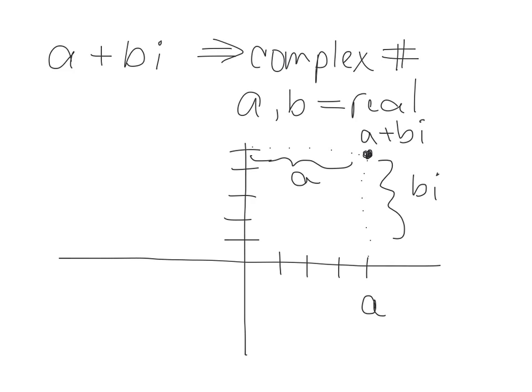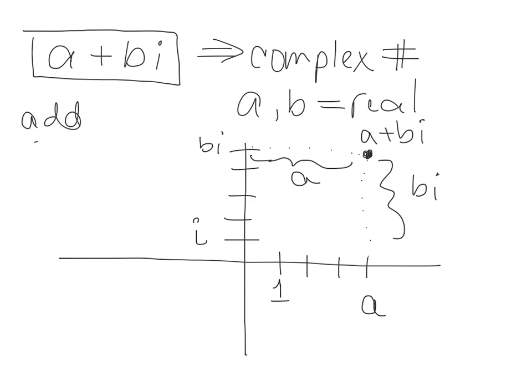So we're going to be graphing these pretty soon. So we have complex numbers which have real parts and imaginary parts, and we can add, subtract, and multiply these complex numbers.